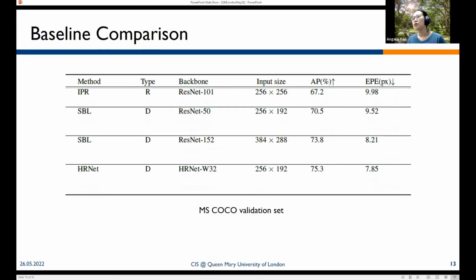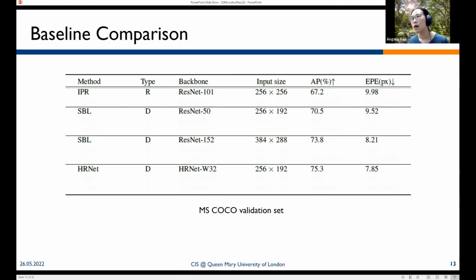If we compare this to different baselines, here on MS COCO on the validation set, these are 4 different baselines. One is the integral regression baseline, and 3 others are heat map detection methods.